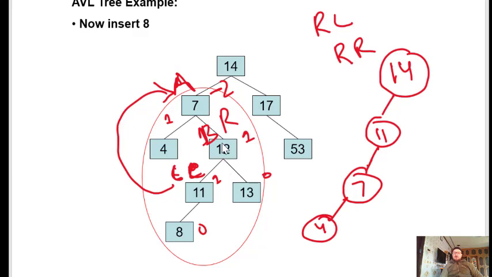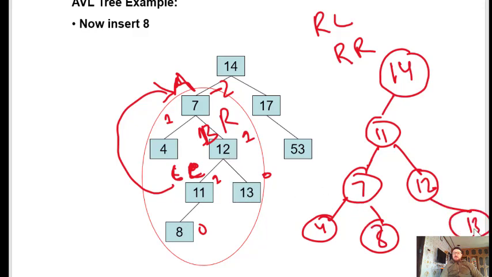And now the 12 also has to be the child of 11, so 12 will go on to the right of it. Okay, with 12 there is 13. With 11 there was 8 also. So 8 has to be here, right of 8. And with 12 there is 13. 13 is to be the right of this. And with this there is 17, and there is 53. Now the thing will be like this.